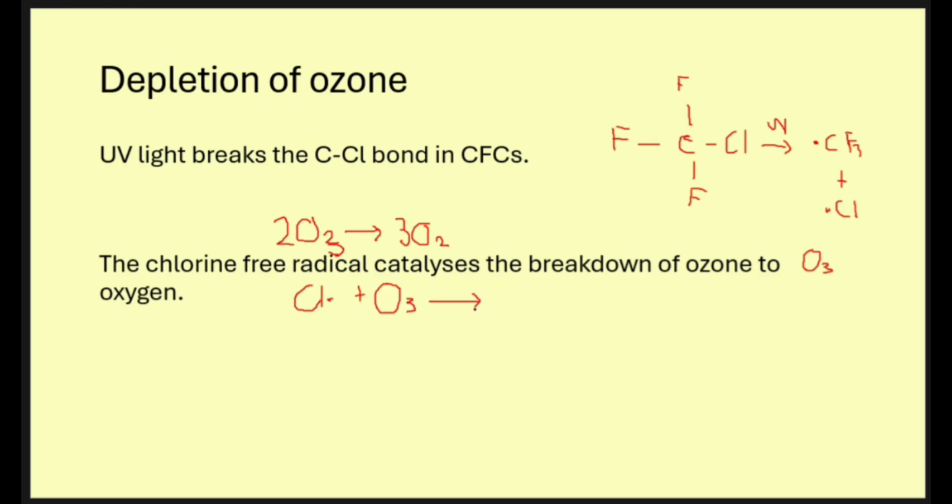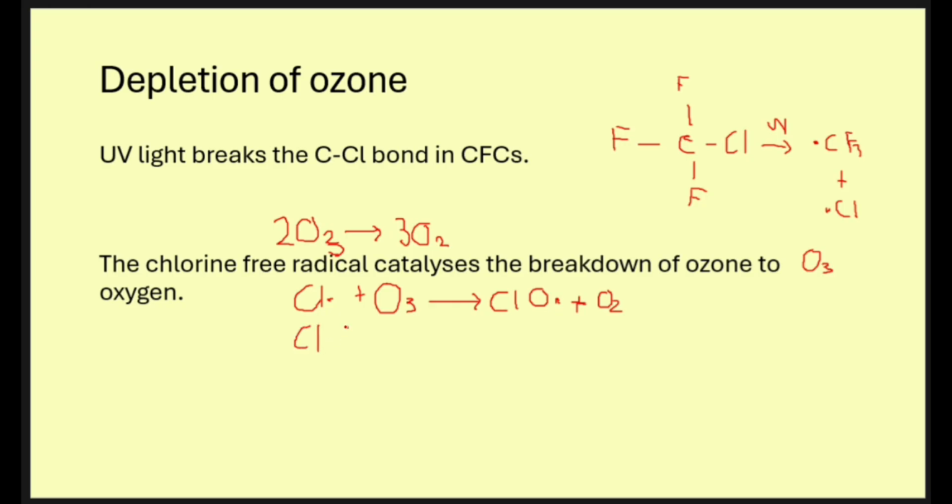And then these react to create chlorine and oxygen bonded together, a ClO free radical, as well as oxygen. So this is the intermediate step here, the ClO plus oxygen, and this then goes on to catalyse more in the next equation, but we've still got oxygen as a byproduct here, which shows it already breaks down into a lot, because we already have some and it's not even the end of the reaction.